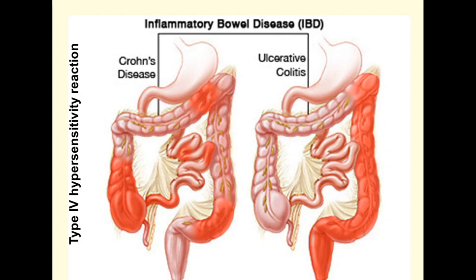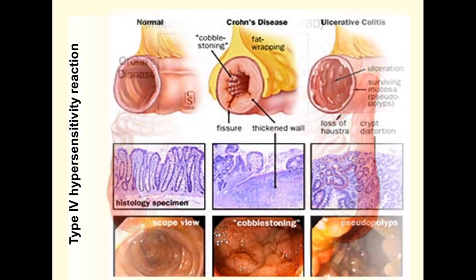It's important: the terminal part of the large intestine. There is no jumping. There is only one focus. That's it. Crohn's disease jumps. Ulcerative colitis stays close to the terminal part of the large intestine, so there are no problems in the small intestine compared with Crohn's disease.